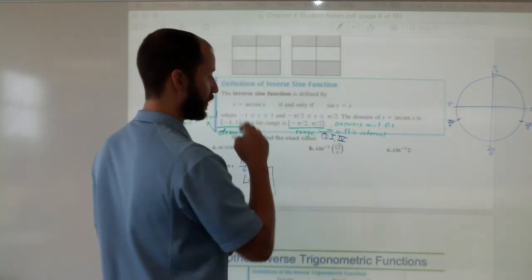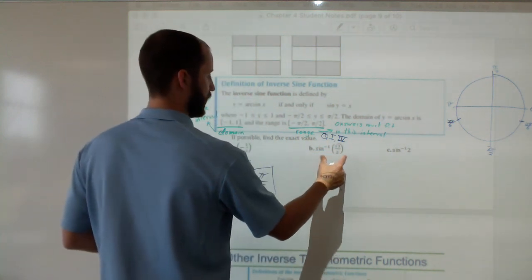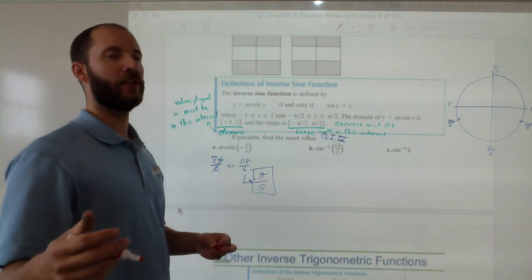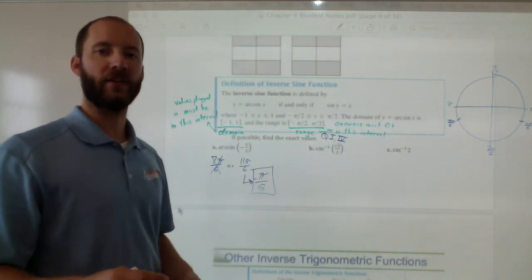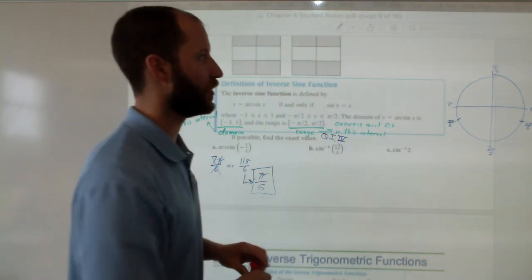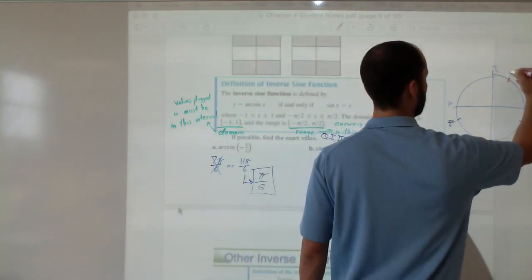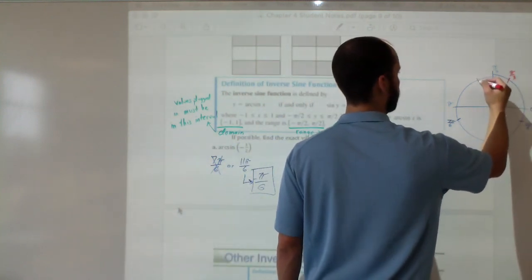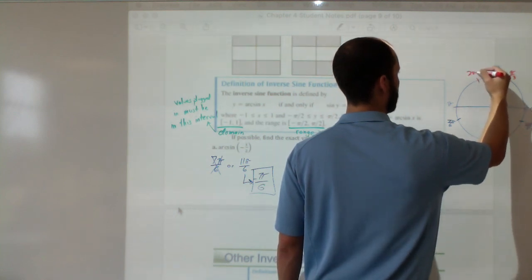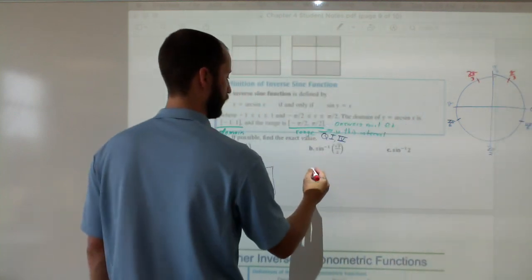Inverse sine of root 3 over 2. So you think to yourself, okay, where on the unit circle do you see y values of positive root 3 over 2? Well, that happens in the first quadrant at pi over 3, and in the second quadrant at 2 pi over 3.